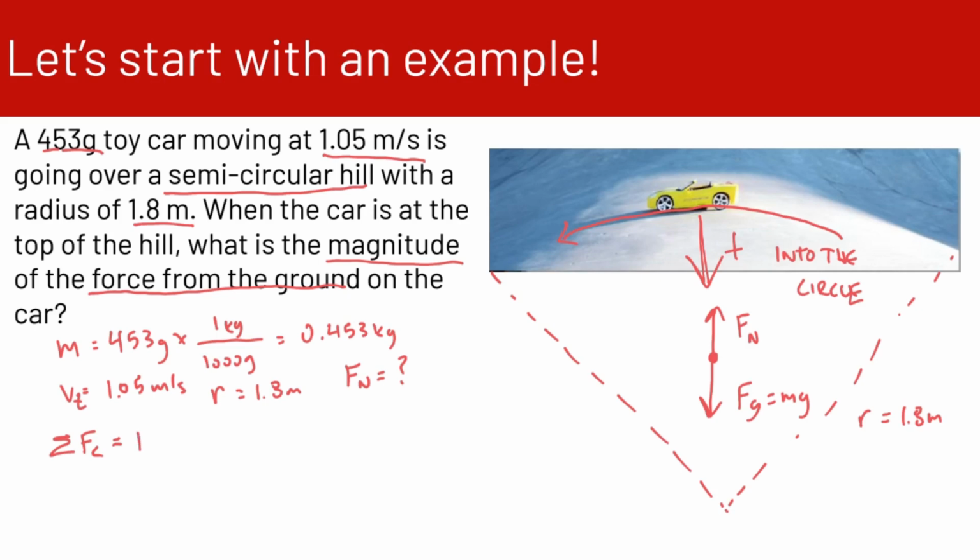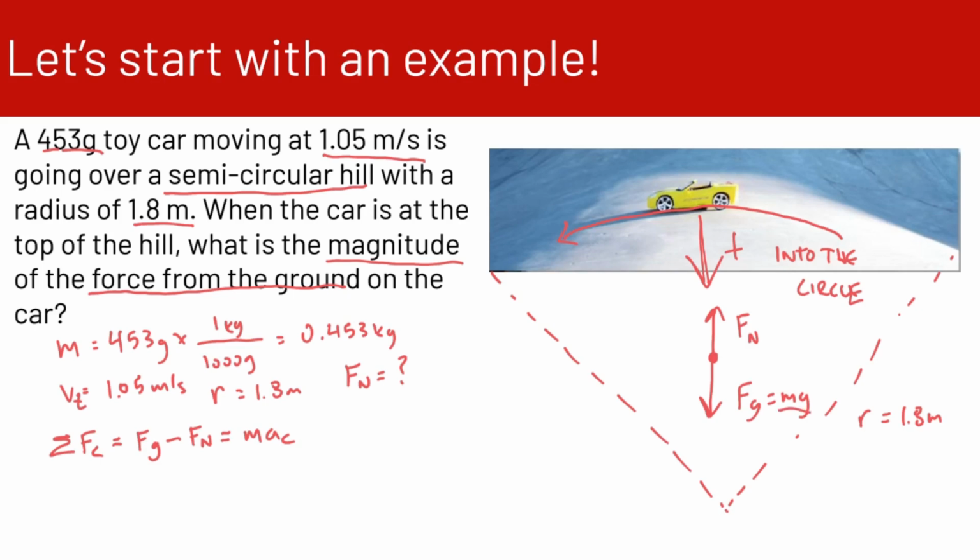Remember that with centripetal force, the force is always pointing into the circle. So here we have Fg minus Fn, because remember, into the circle is positive. And that's going to be equal to our mass times our centripetal acceleration. We know Fg is mass times g.